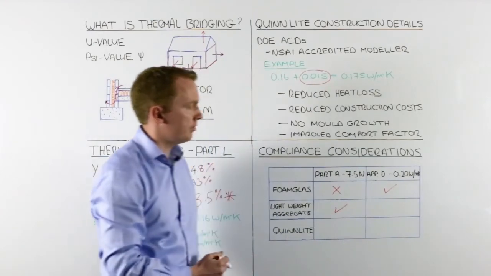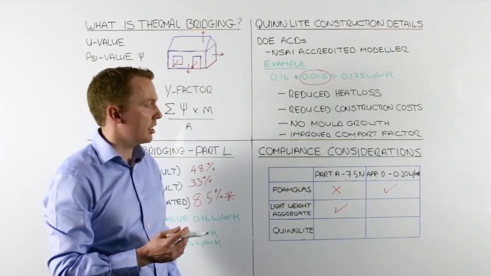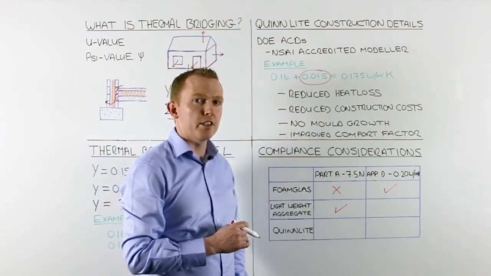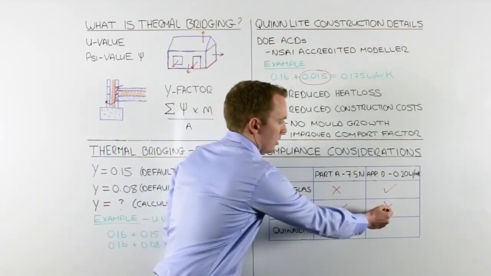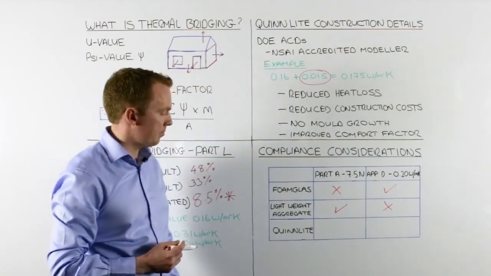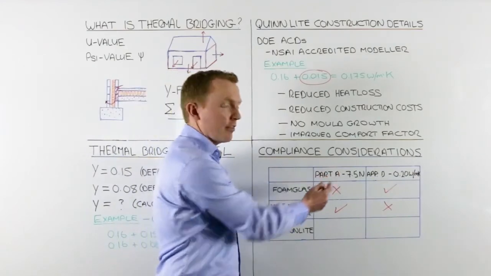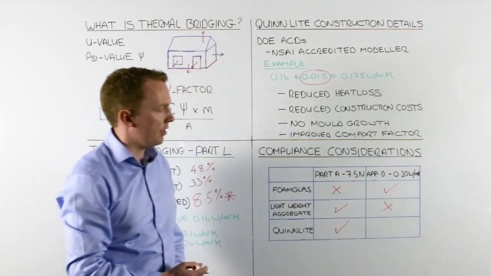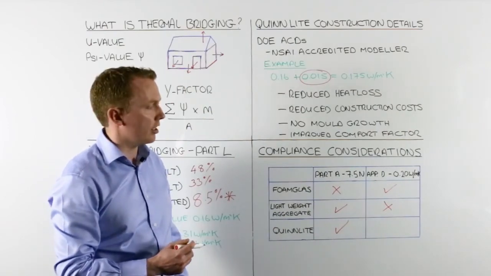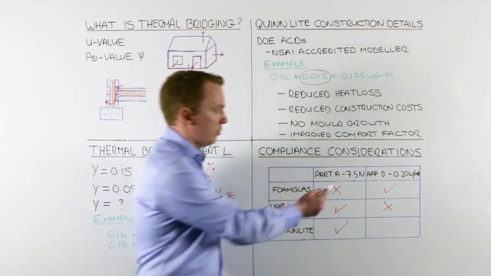We're okay. But the thermal conductivity of lightweight aggregate blocks is in around 0.33 watts per metre Kelvin. So we don't comply. If we look then at Quinlite, 7.5 Newton is achievable using our B7 block. And the thermal conductivity of our B7 block is 0.19 watts per metre Kelvin, which does comply.